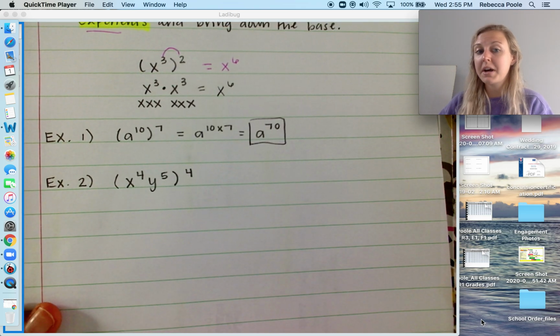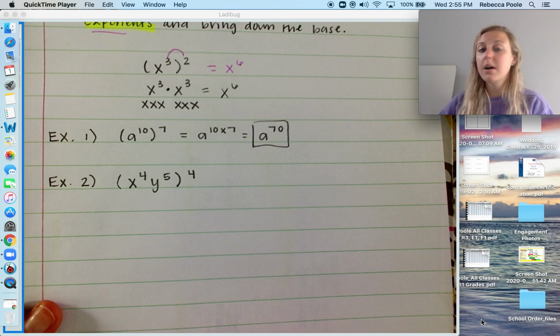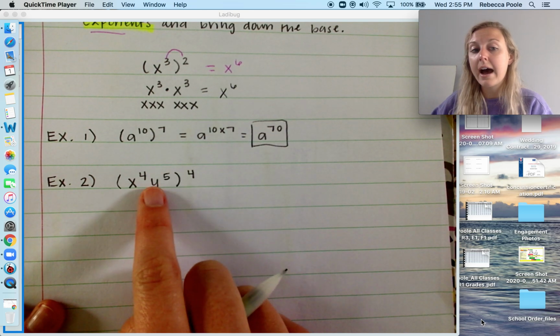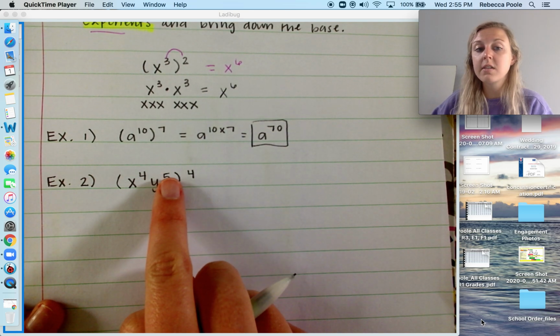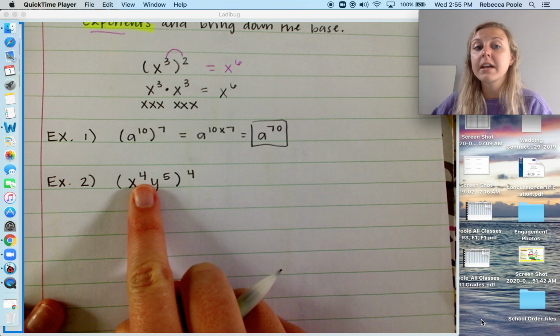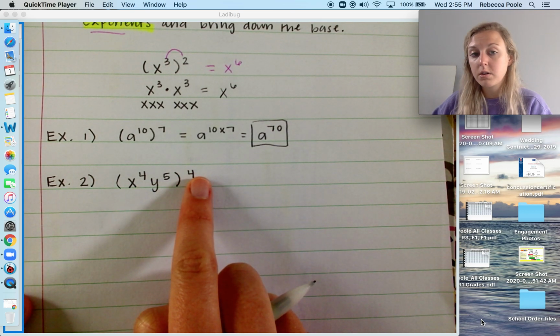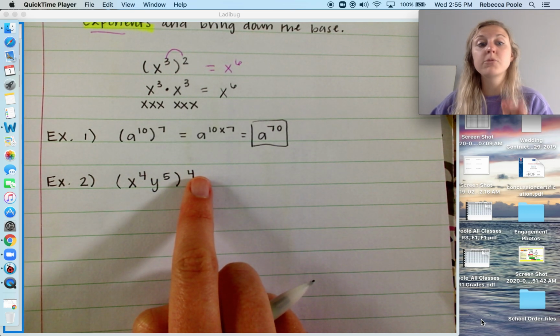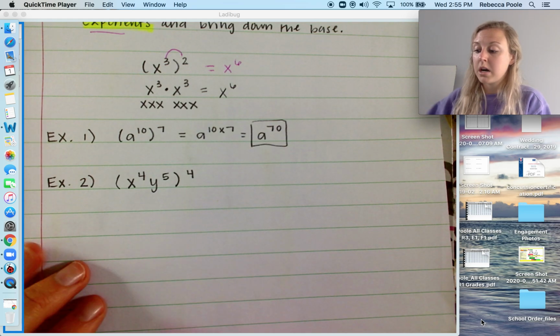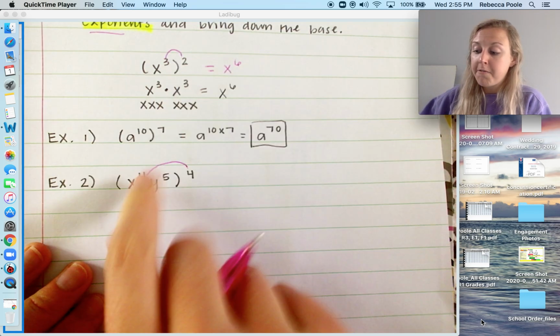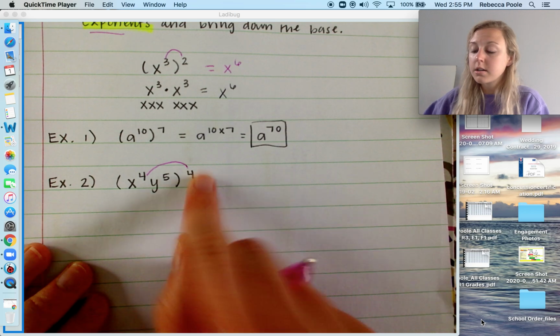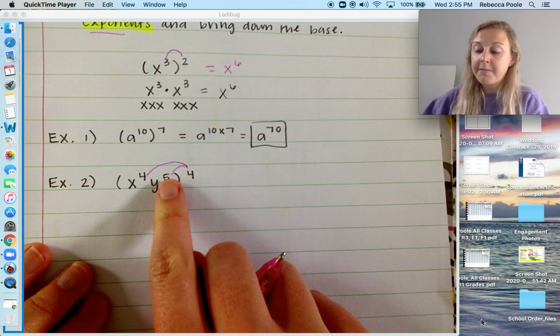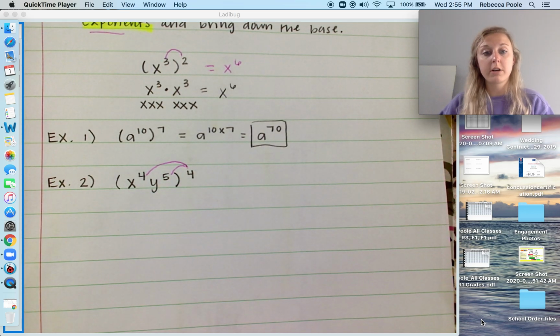You've got more than 2 exponents here, right? So this whole inside, x to the 4th, y to the 5th, everything is being raised to the 4th. So what you need to remember is the 4 is being raised to the 4, and 5 is being raised to the 4th power, okay?